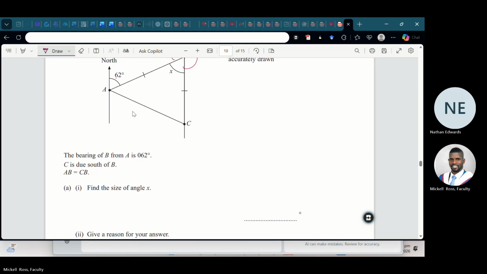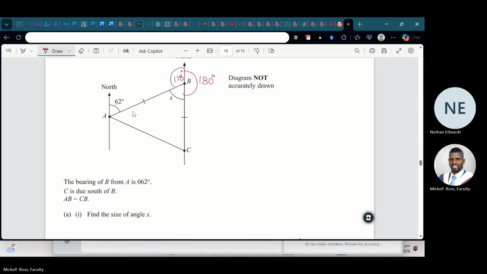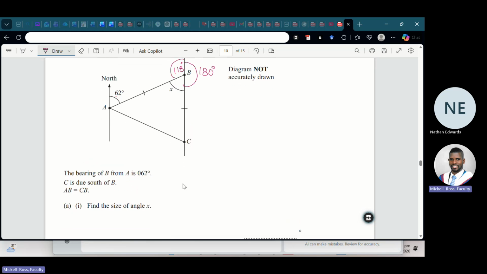Angle X is going to be equal to 360 minus 118 plus 180. So that's the size of that angle.